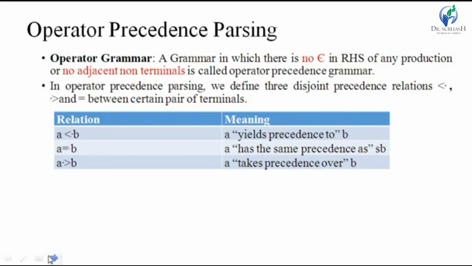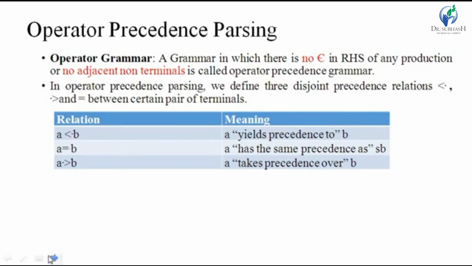If a grammar is given and asked whether it is an operator precedence grammar or not, how can you check? Just check its right hand side productions. In operator precedence grammar there is no epsilon symbol and no two adjacent non-terminals. It means E gives EE. This type of production is not possible in operator precedence grammar.